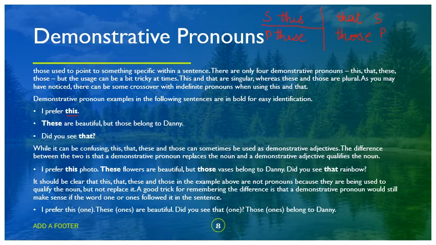When I say I prefer this, it means something that is lying close to me, that to which I am referring, and it is singular. If I say I prefer these, then again it means something that is lying nearby. If I say I prefer that, let's change this. I will use that in place of this.